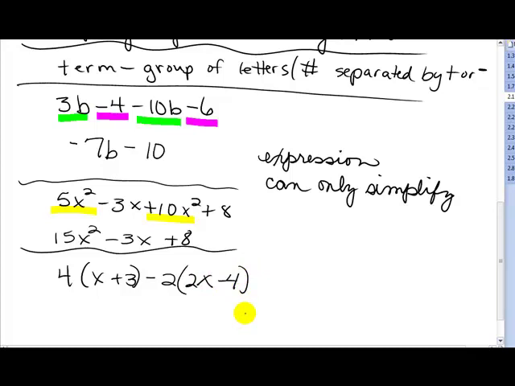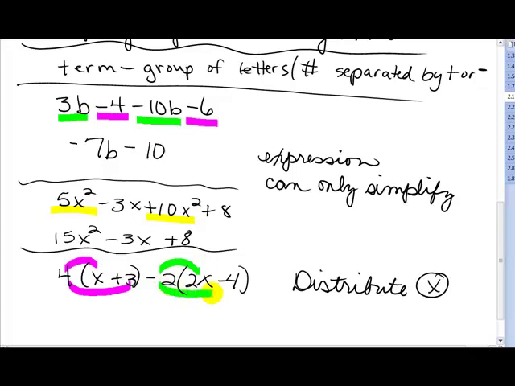On this one, before we can combine, we distribute. And that means we're going to have to multiply. 4 times 3, x and 3, negative 2 times 2, and negative 2 times 4.